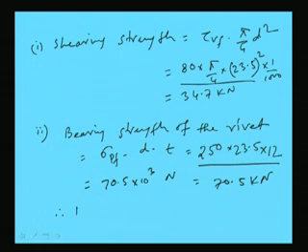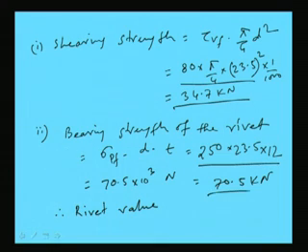So, the rivet value can be found from the lesser of these two. One is 34.7 kilonewton due to failure through shear, and due to failure of bearing this will be 70.5 kilonewton. So, the rivet value will become the lesser of these two, 34.7 kilonewton.